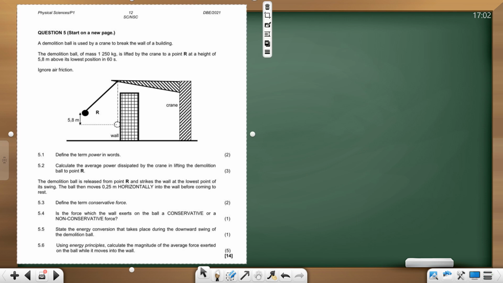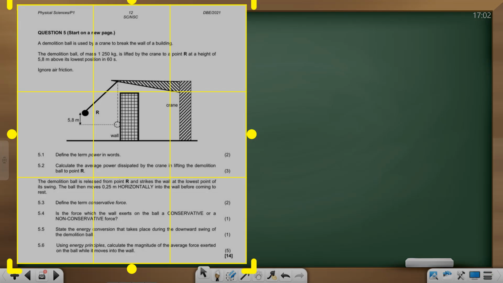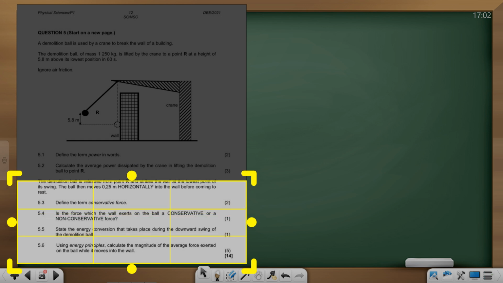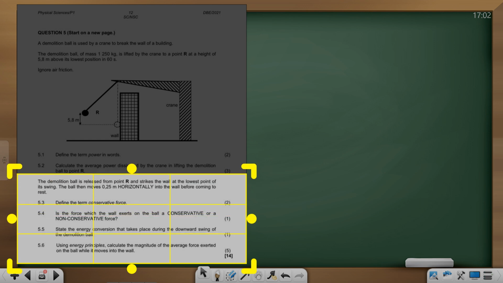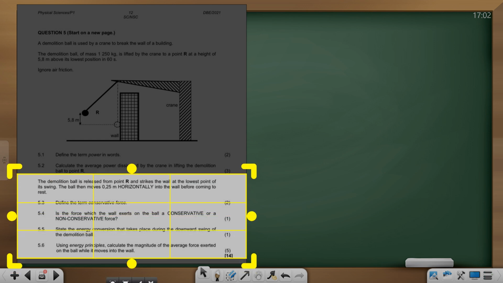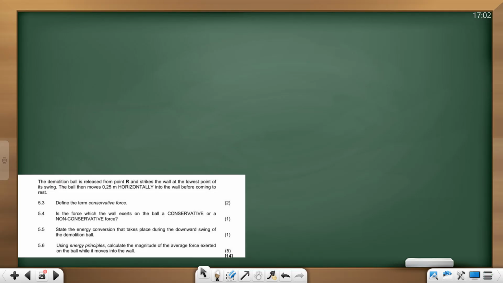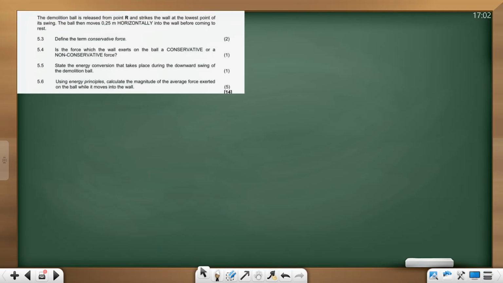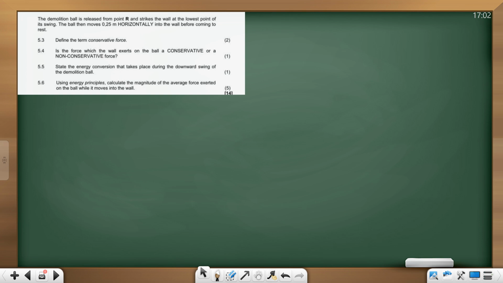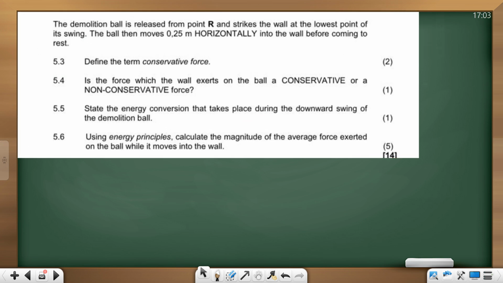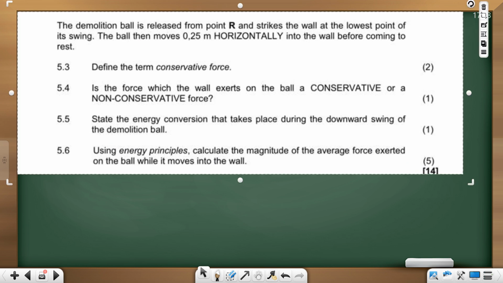And then from here, we look at the rest of the question, 5.3, with that information.